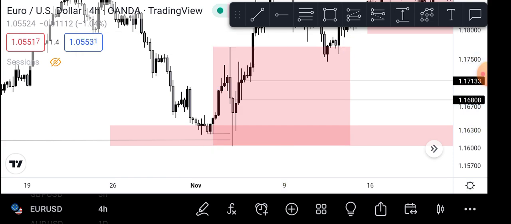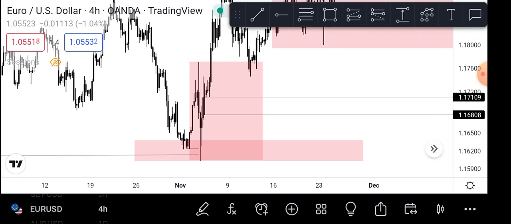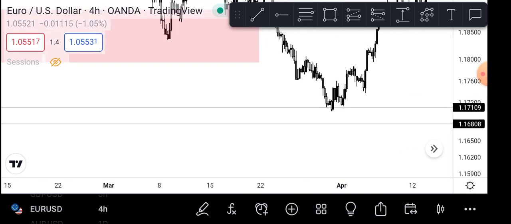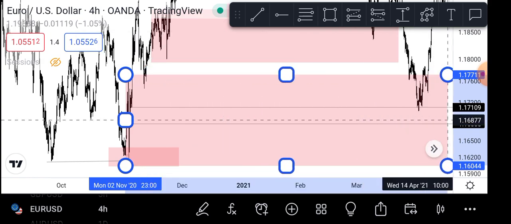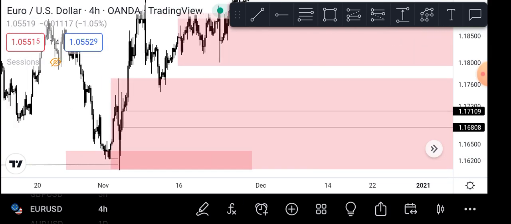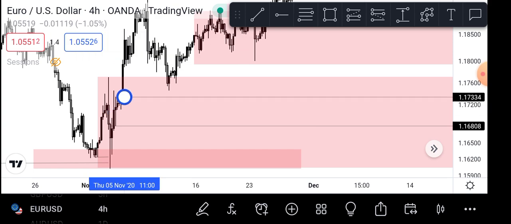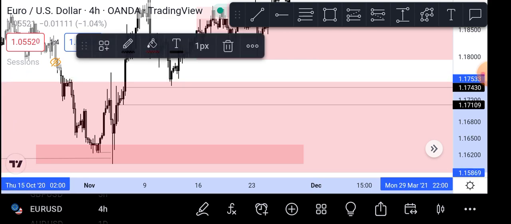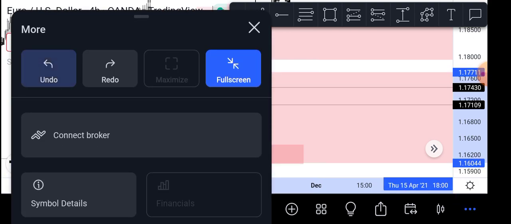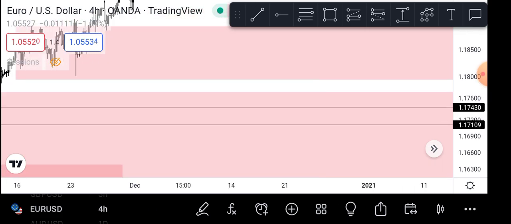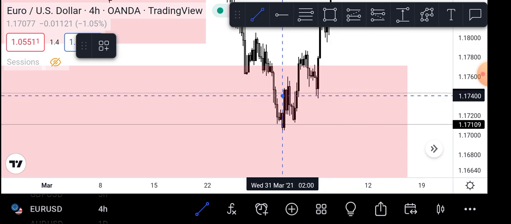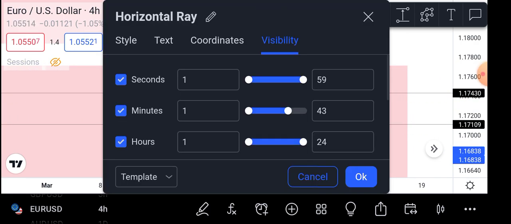So even though you were not able to pinpoint the exact point, in reality, when you are trading, anytime price enters this big zone, you start looking for trades over there. Are you getting me? So that's that.